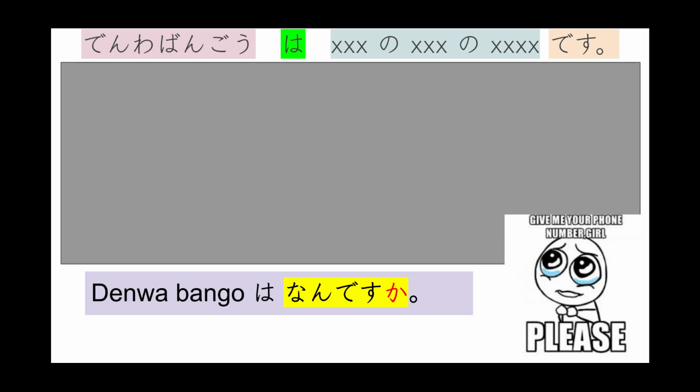This is just a descriptive statement: my number is blank. To switch that into asking whoever you're talking to, what is your number: 電話番号は何ですか? You got that? Replacing number with nan and adding ka.